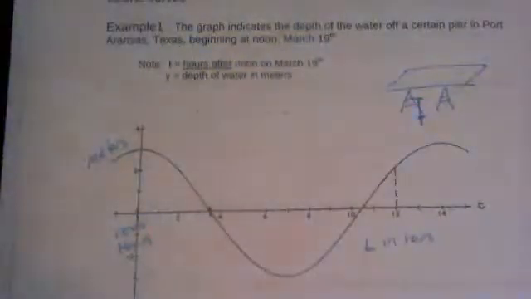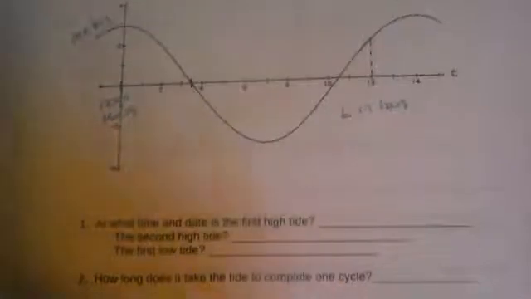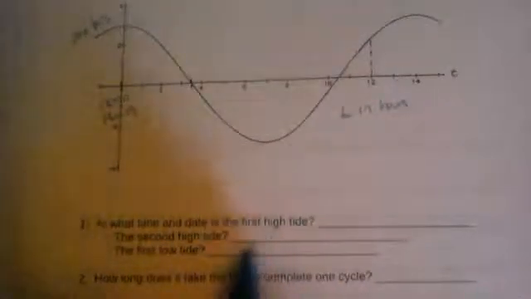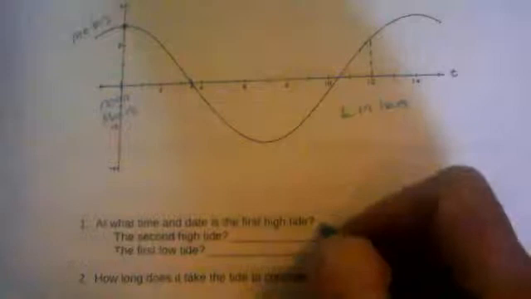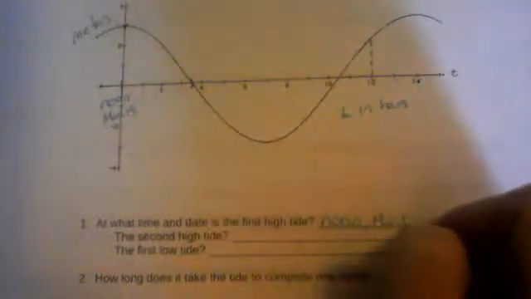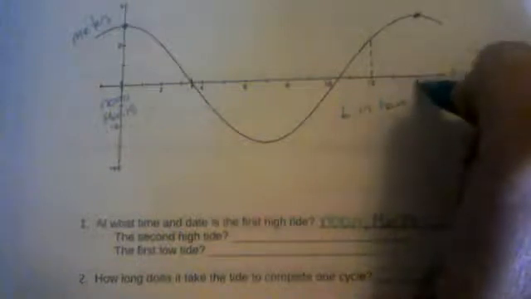All right. So we have some questions that are just designed to familiarize us with the graph. So it says, at what time and date is the first high tide? Well, our first high point is right there at the beginning. So our first high tide is at noon on March 19th. Now the second high tide is out here at 14.